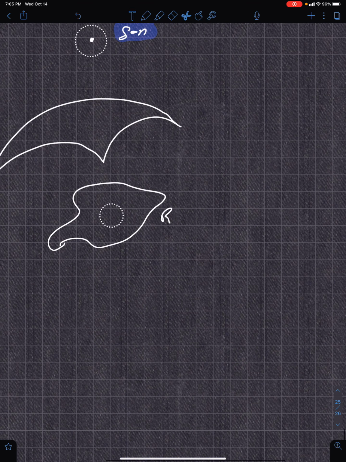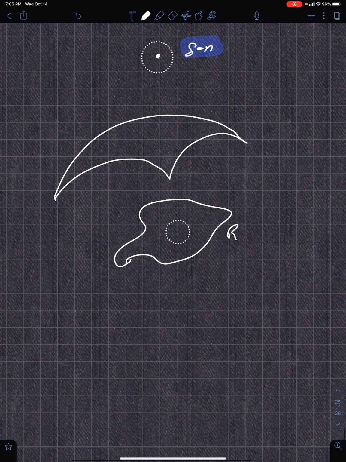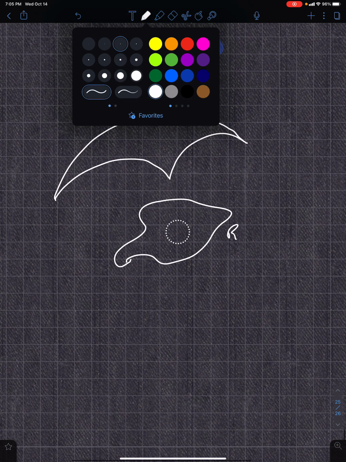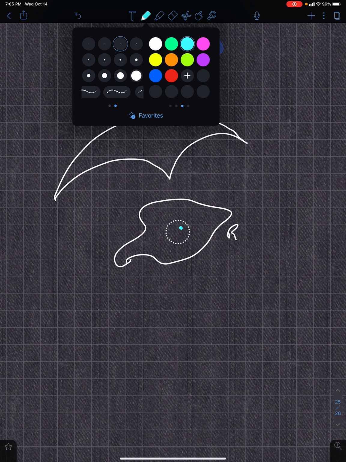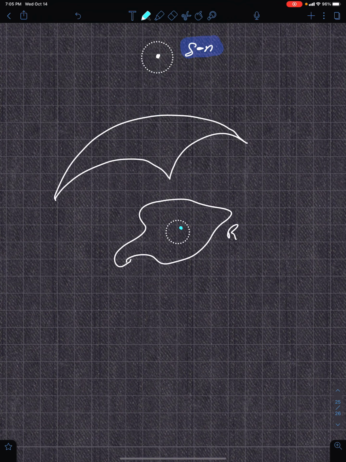So in there you have some point, say here, that is the maximum or minimum value. We'll make it a maximum because it's easier to draw.